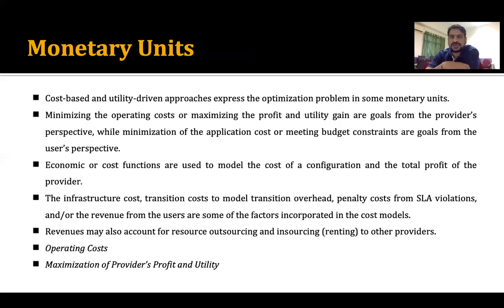The second objective is monetary units. Cost-based or utility-driven approaches. Now, cost-based affects your revenue. Utility means the performance, how we are increasing the performance, right?